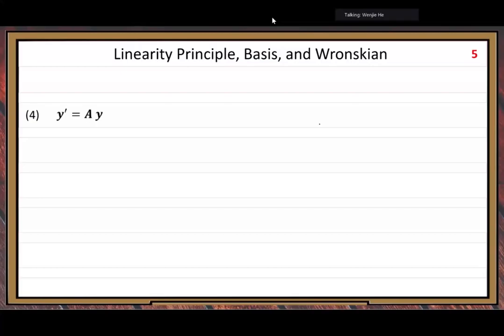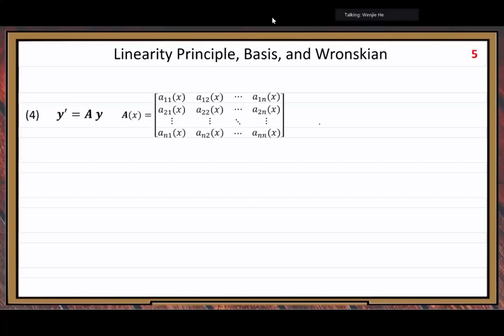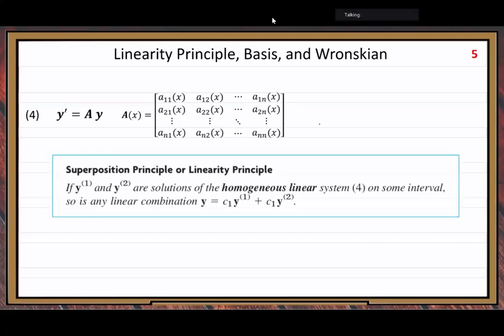Linearity principle, basis, Wronskian. We have similar concepts in our linear system case. Superposition, the linearity principle.